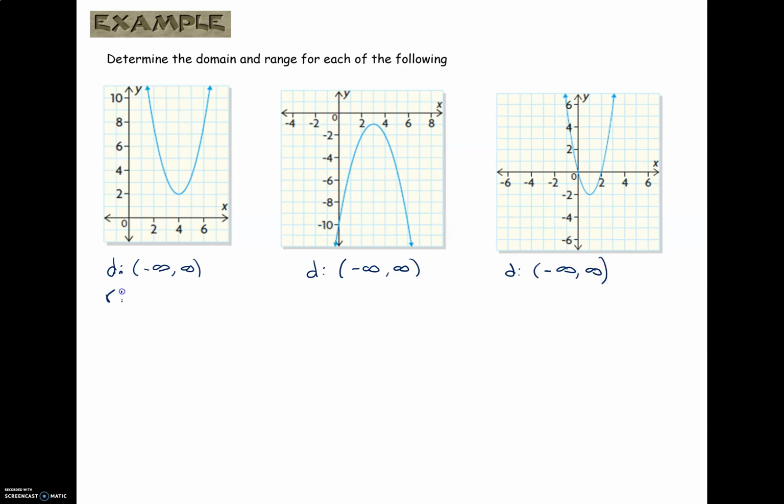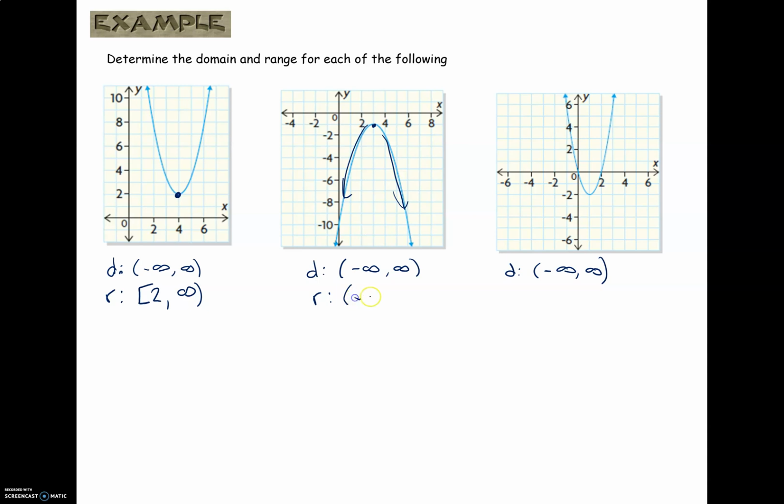Now the range. If I look at this first example, we have a min, so that smallest point is starting at 2. I use my closed bracket, and it goes on to positive infinity. In the example in the middle, my highest point is at -1, and I'm going down to negative infinity.